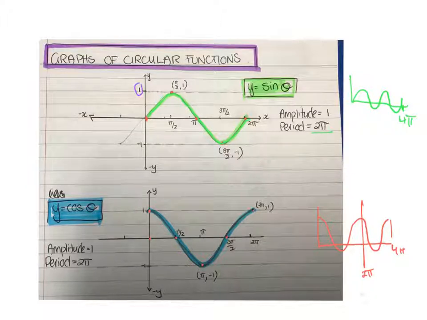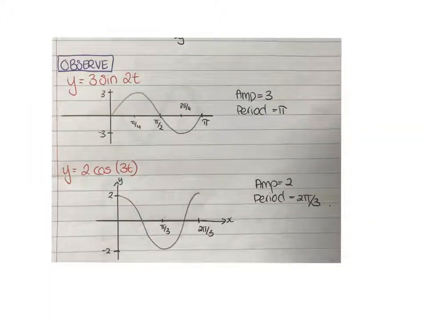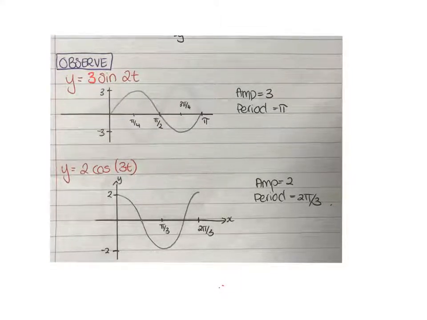This is a basic graph. If we look at the next page, now observe when we have 3. The 3 changes the amplitude. You can see it's now peaking up on 3 and down on -3. Now also the period has changed. The period is now cycling with pi.